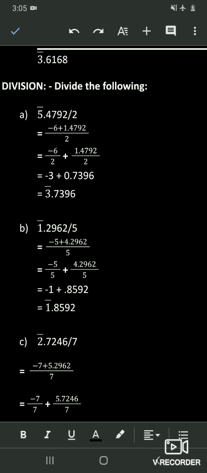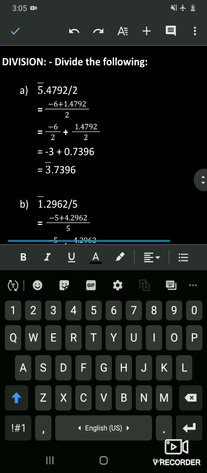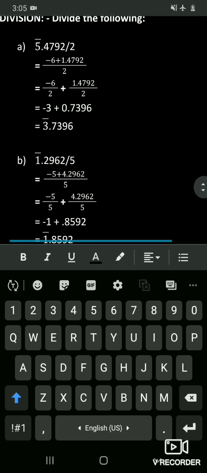Let us see another problem. The second problem is bar 1.2962 divided by 5. So here the characteristic is minus 1 and the denominator is 5. So the nearest possible thing that can be done is minus 5 plus 4.2962.